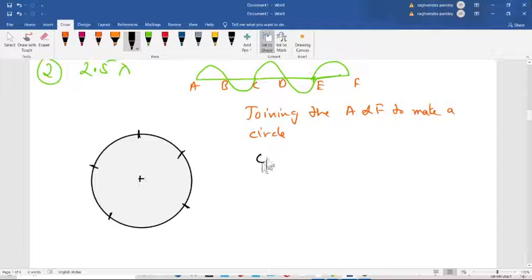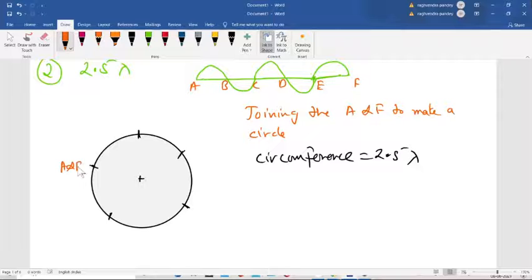Now, we have made A and joined A and F. So it will be B, C, D, E, and F. And that is your D here.